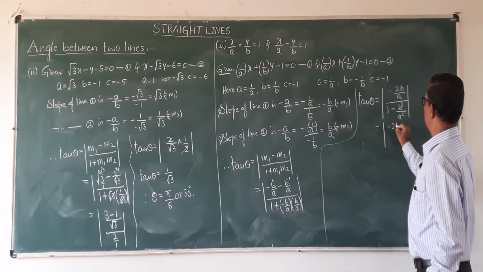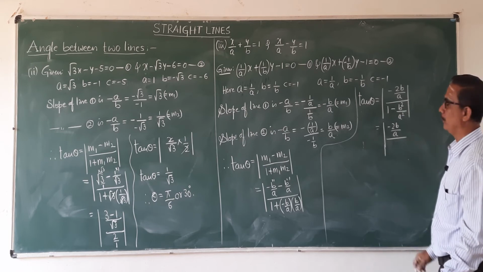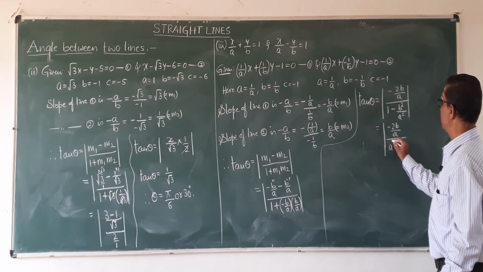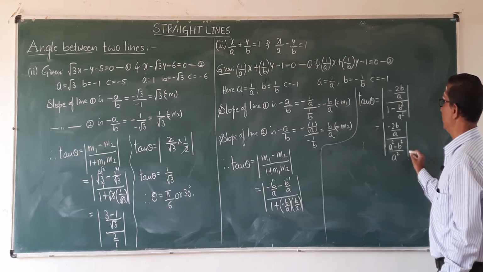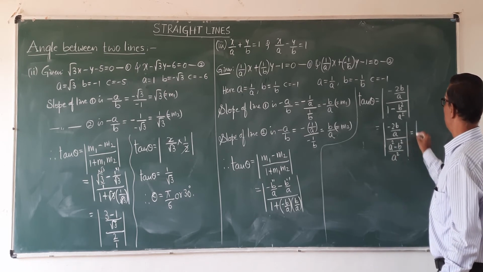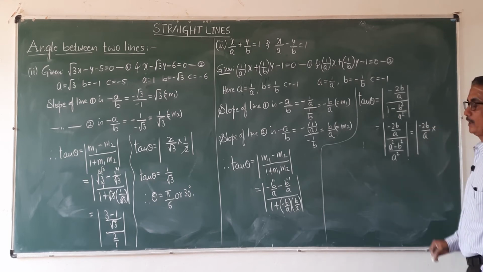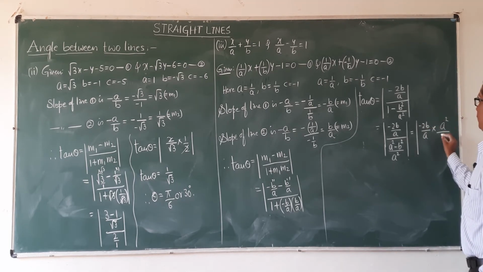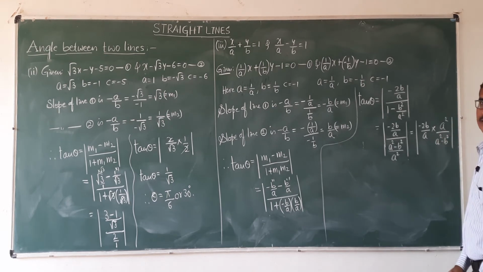That is minus 2B by A, whole divided by, in the denominator take the LCM. LCM is A square, that is A square minus B square by A square, right? So that is equal to modulus of minus 2B upon A. If you take multiplication, that is A square divided by A square minus B square, right?